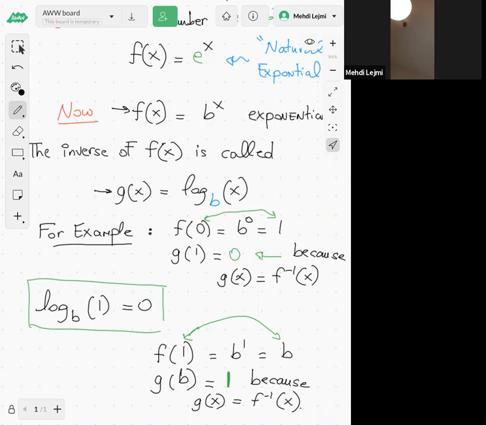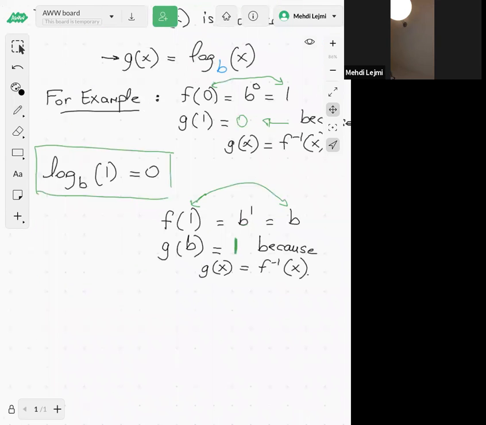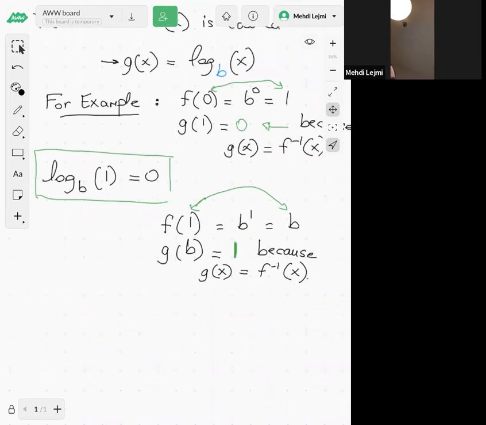So if exponential of 1 is equal to b, then the log of b would be equal to 1, right? So that's another special value of log. Remember, g is the log in base b. So what we are saying is that the log in base b of b is equal to 1.